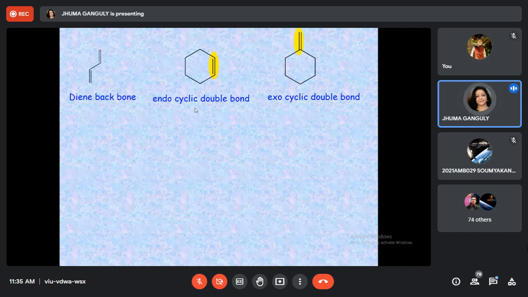If the two carbons from the same ring form the pi bond within the ring, that is known as endocyclic. And what is the difference from exocyclic? In exocyclic, only one carbon from the ring system is involved and the other carbon is from outside, not part of the ring. That is an exocyclic double bond. Clear what is endo and what is exo?